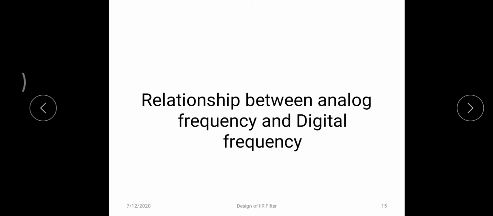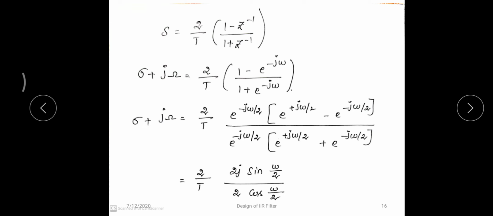And the next concept is, now we will relate analog frequency and digital frequency for bilinear transformation. And we know that the relationship is s is equal to 2 by T into 1 minus z inverse by 1 plus z inverse, where s is the notation for Laplace, z is the notation for z transform. So s can be written as sigma plus j omega, z can be written as r into e to the power of j omega.